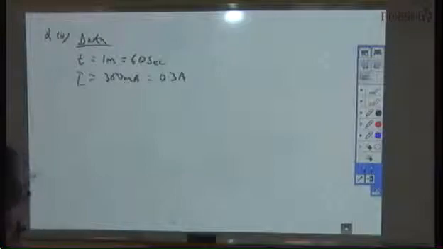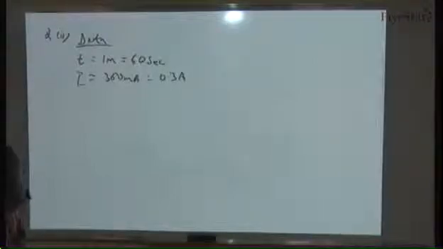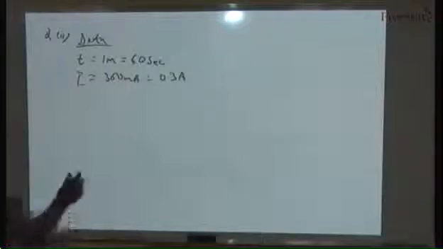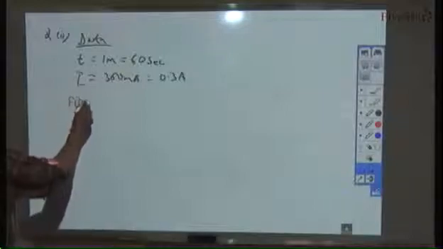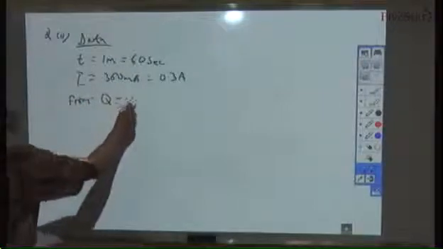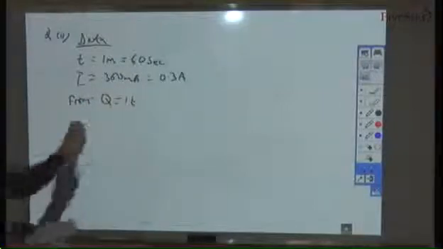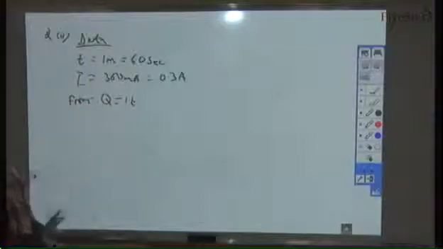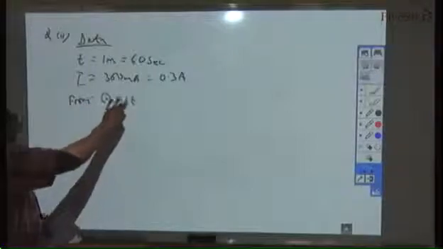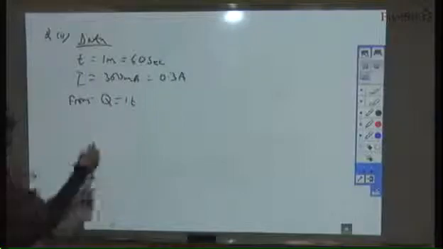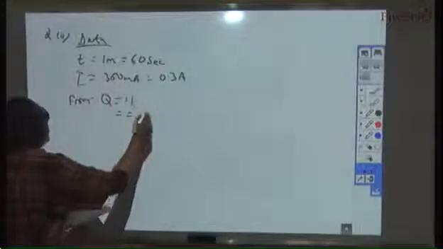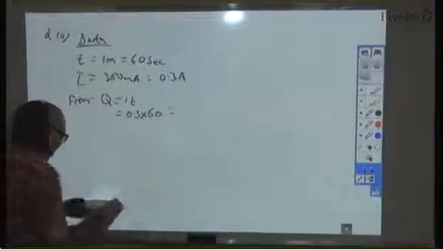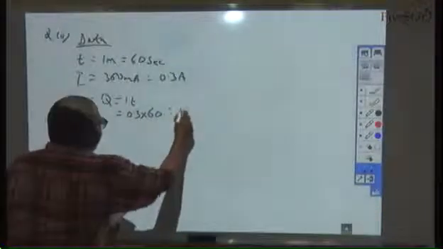We are required to calculate the number of molecules of chlorine that should be deposited. The quantity of electricity is given by the product of current times time. So this one, current is 0.3 times 60, which amounts to 18 coulombs.